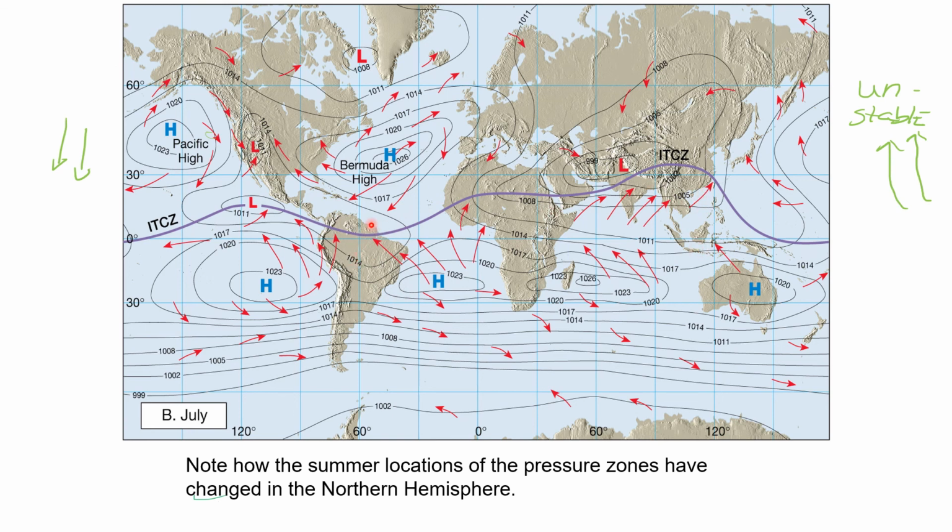And that's where we have tropical rainforests, like the Amazon, the Congo here in Africa, Indonesia, portions of Southeast Asia. It's that unstable weather associated with the intertropical convergence zone.